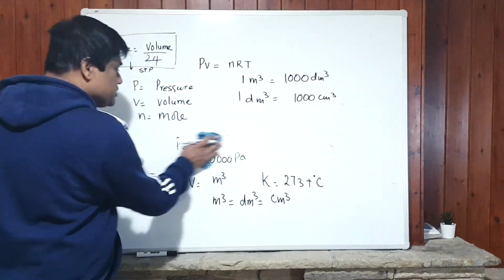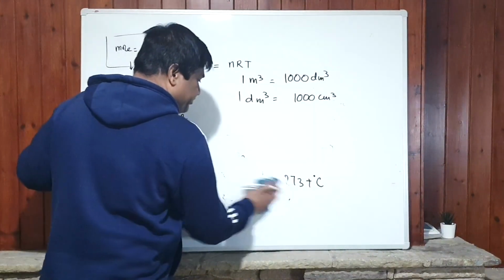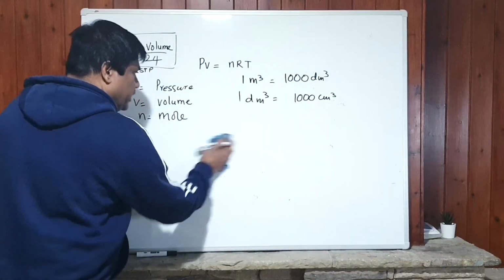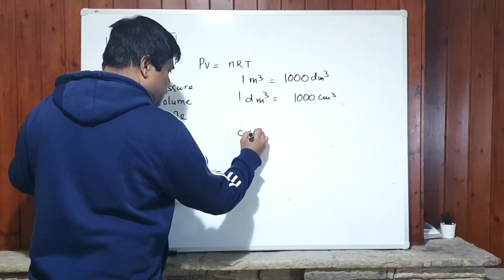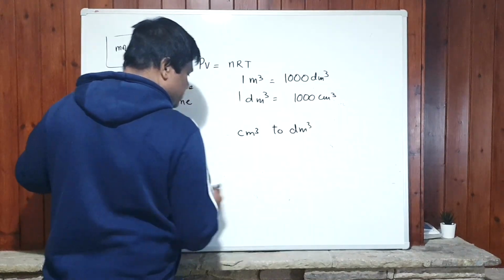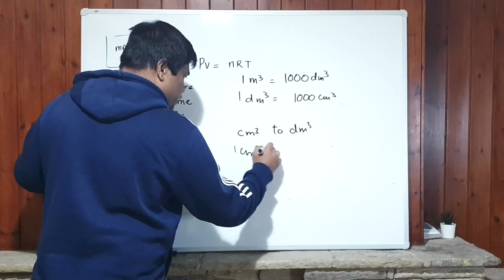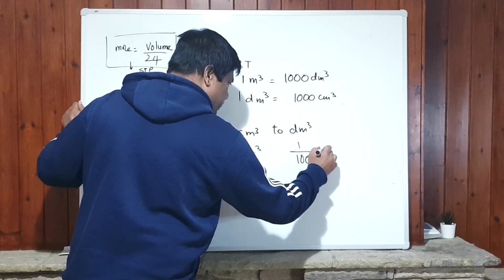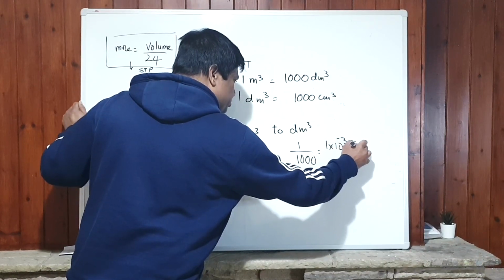When centimeter cube is given to you, how can we change it into decimeter cube? Look at that. So centimeter cube to dm cube: 1 centimeter cube is 1 over 1000 dm cube, which is nothing but 1 into 10 to the power of minus 3 dm cube.